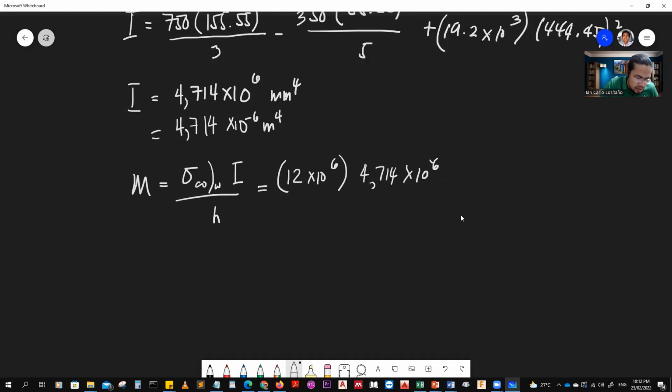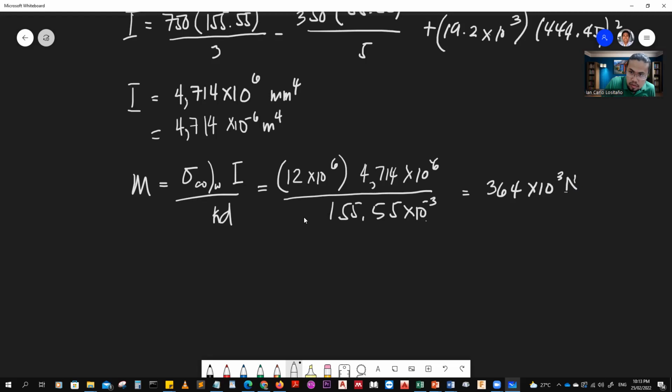And they still have to divide this by the kd, 55.55 times 10 to the negative 3, which would give an M of 364 times 10 to the 3 Newton meter. Again, this is the final answer.